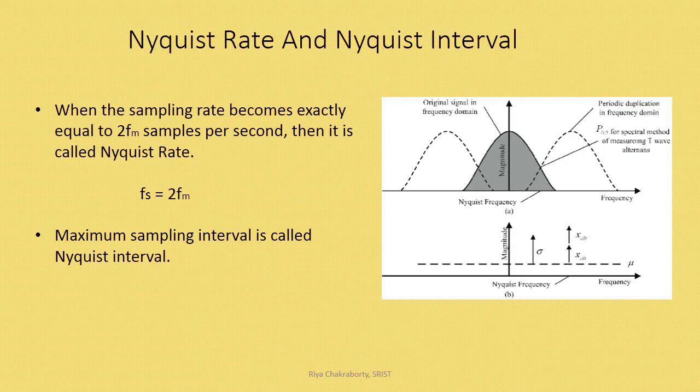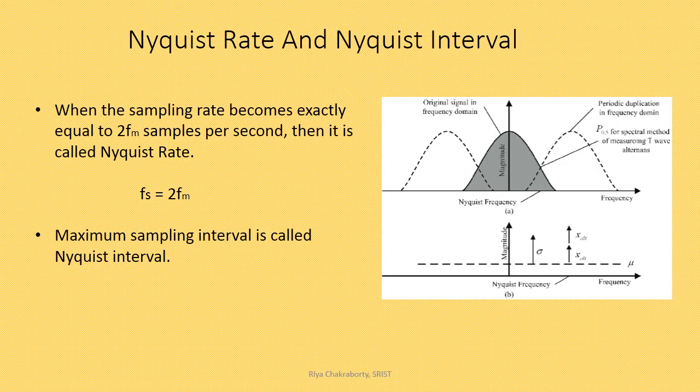Now, the next part is Nyquist rate and Nyquist interval. When the sampling rate becomes exactly equal to 2fm samples per second, it is called the Nyquist rate. It is also called the minimum sampling rate. When fs is greater than 2fm, the signals are not overlapping each other, hence there is no problem in recovering the original spectrum.